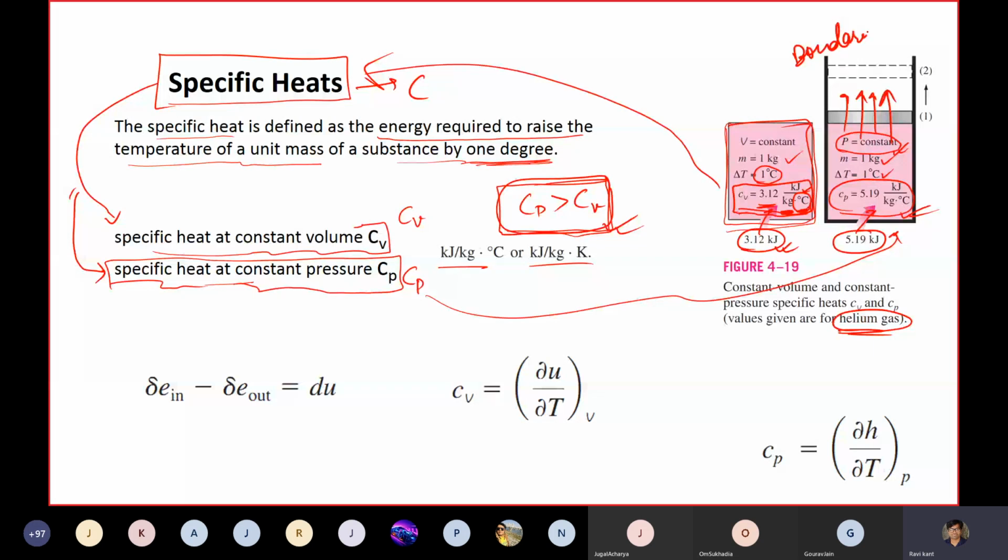You need a higher amount of energy in a constant pressure process because boundary work is happening in addition to the increase in its internal energy, or total energy of the system. So this heat has to go through two phases: one increases its internal energy and one pushes the boundary work.